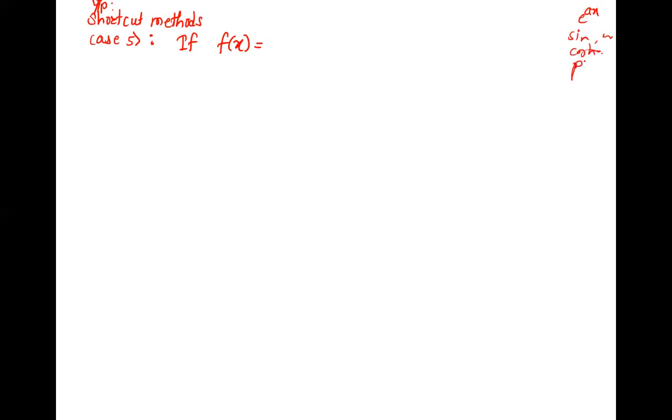Next was polynomial, and then the next is if the function is e raised to ax into v, where v is any function of x. It can be anything. It can be sine, it can be e, it can be hyperbolic, it can be polynomial, or anything else.